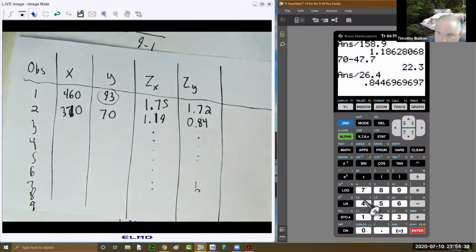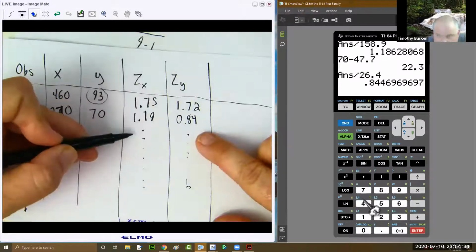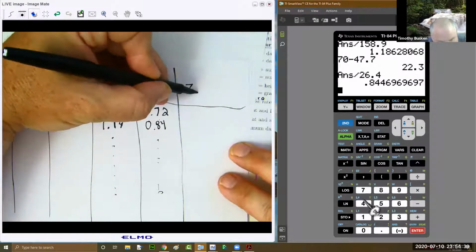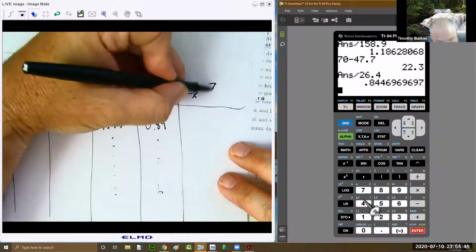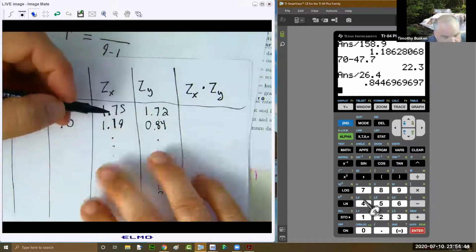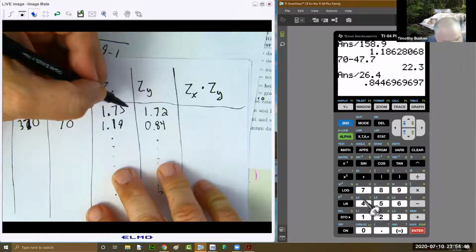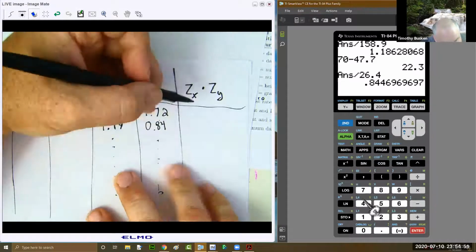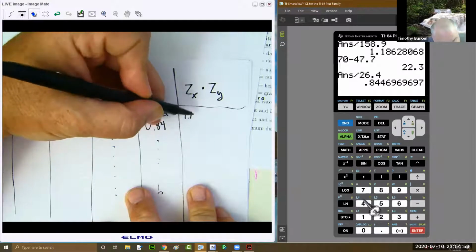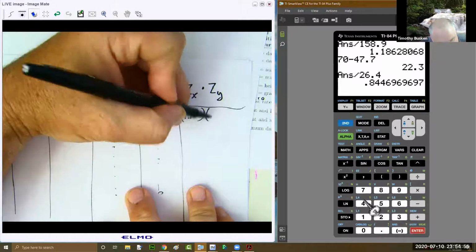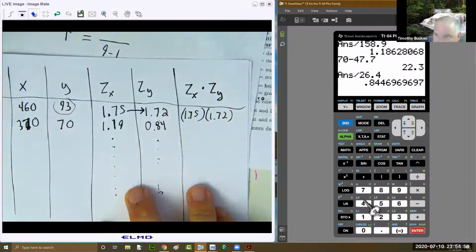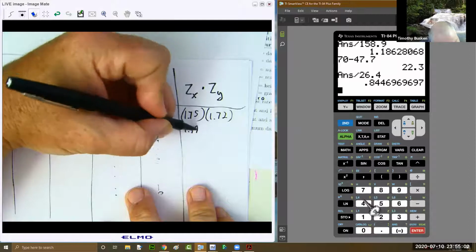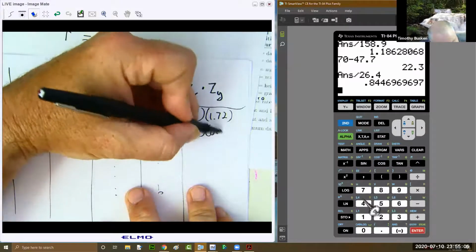Okay, and for the sake of time, I'm not going to do that, but just so you can see how the formula works, once you get these 2 columns filled out, the next thing to do is to multiply each pair of z-scores. So I'm going to take the numbers in these rows and multiply straight across. The first product would be 1.75 times 1.72. And the next product would be 1.19 times 0.84.